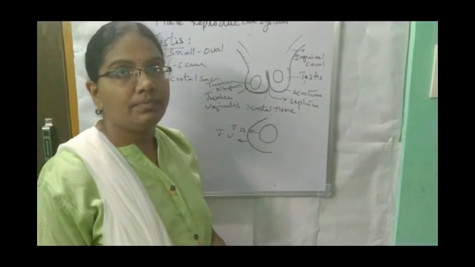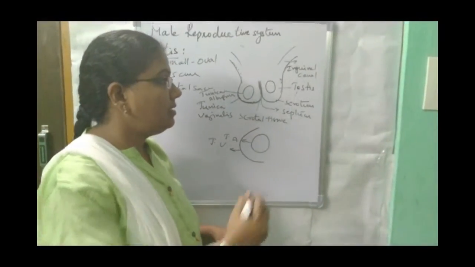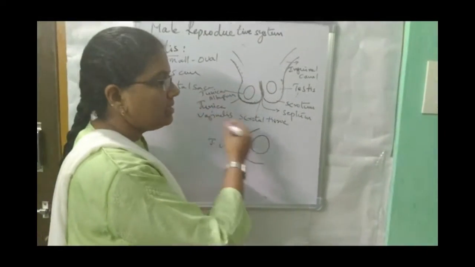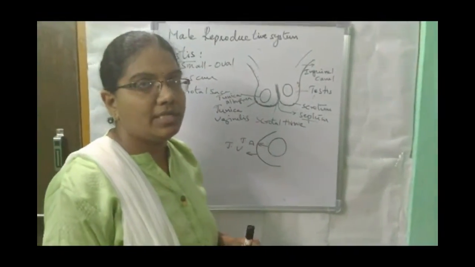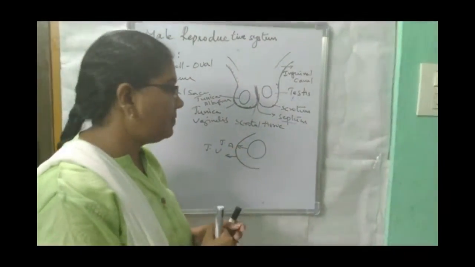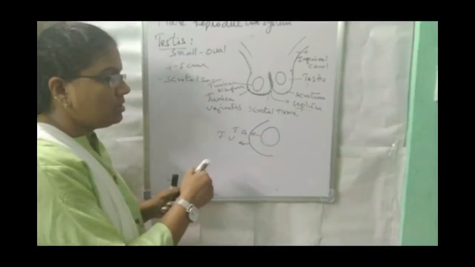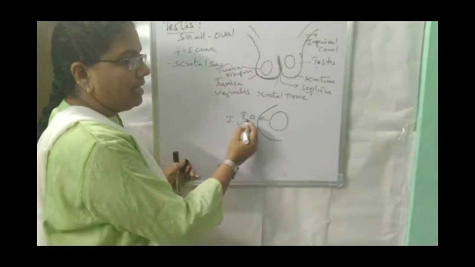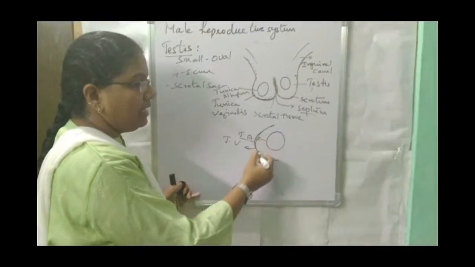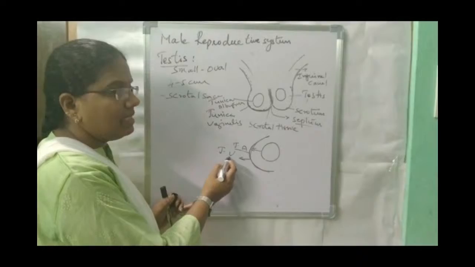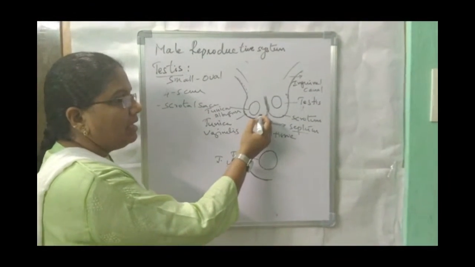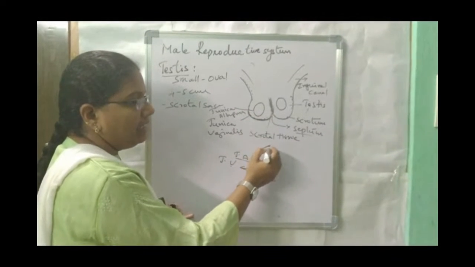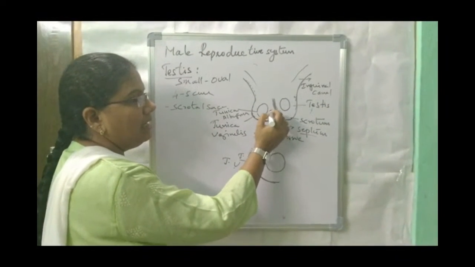The next important part is the scrotal septa. The scrotal septa divide the two testes into two different parts. Here the outermost layer of the testis is the tunica albugina. The scrotal area is called the tunica vaginalis. There is a space between the testis and the scrotal sac, and the entire space is filled with liquid.